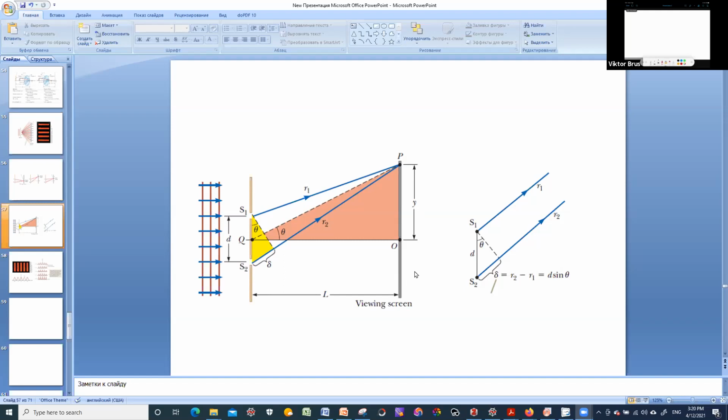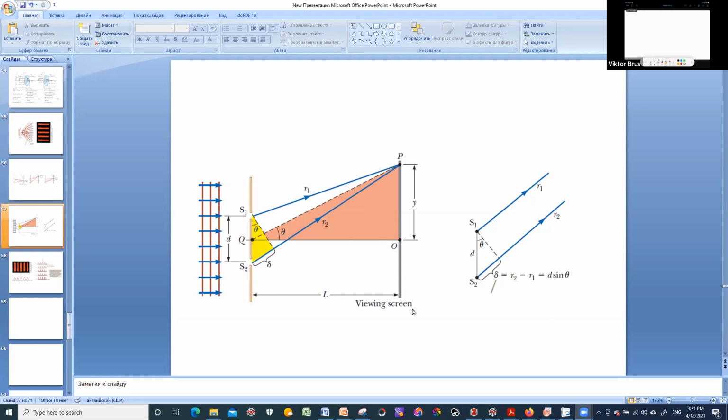So we have two options. We can define this position of point P in an angular way with this angle theta. So these two angles are the same. And we can also define it linearly in the system of coordinates by this coordinate y along this line, the cross section of this screen.